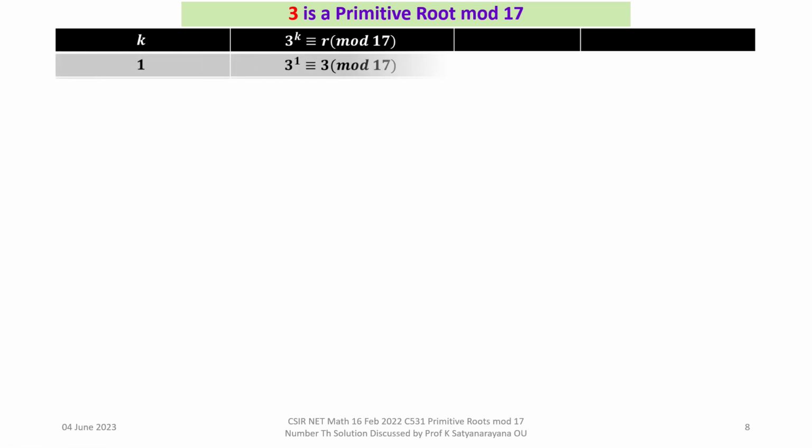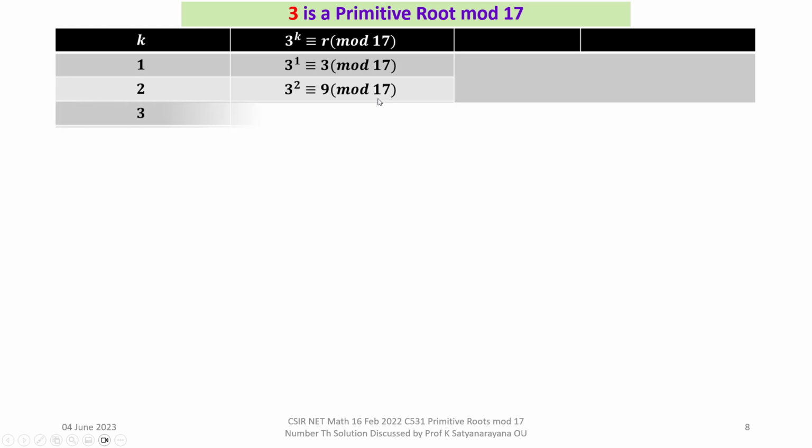Let us take k equal to 1. 3 power 1 is 3, and it is 3 modulo 17 because it is less than 17. Now k equal to 2, 3 squared. Multiply the remainder here by 3. 3 3s are 9, which is less than 17, is congruent to 9 modulo 17.